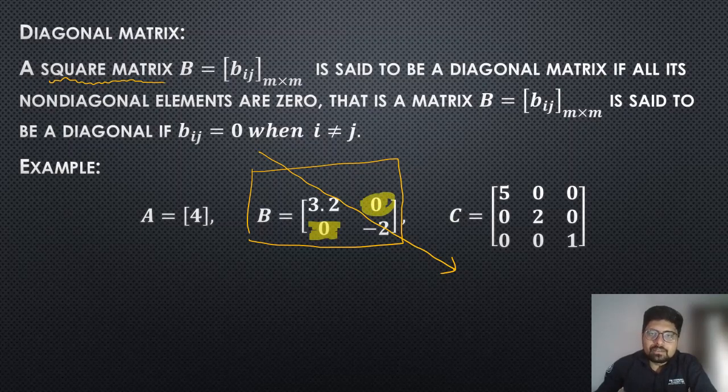In matrix C, this is the diagonal, which has non-zero elements, and all other elements, you can see, are 0. These 3 and this 3. So this matrix is called a diagonal matrix. So now you can see matrix A is a diagonal matrix. Right? Let's move to another definition.